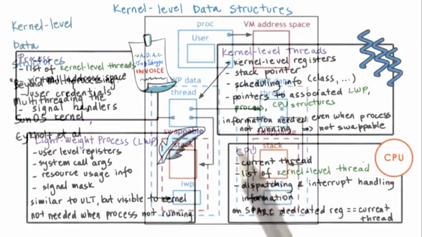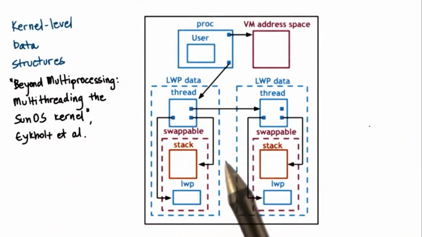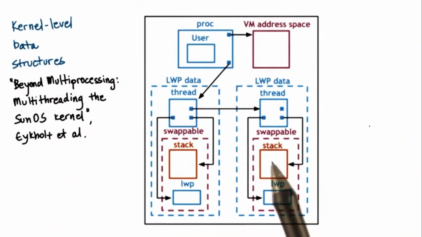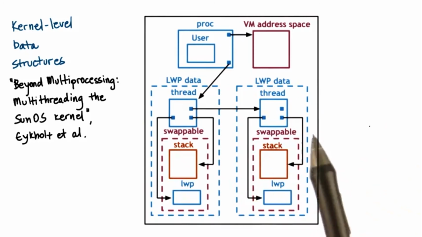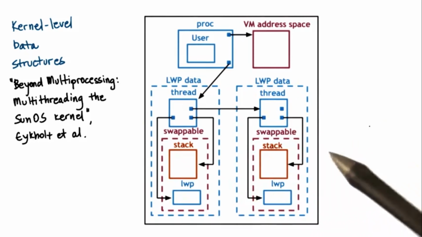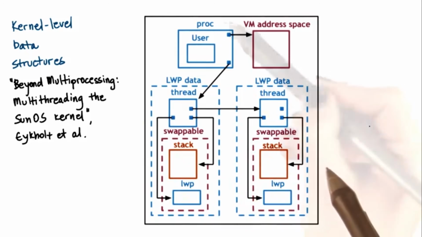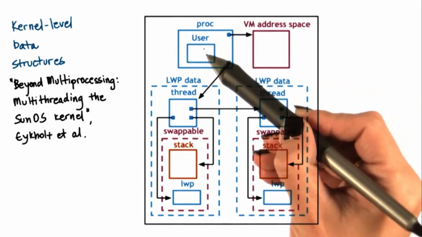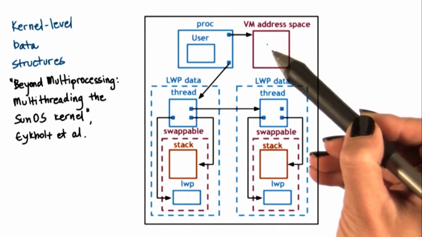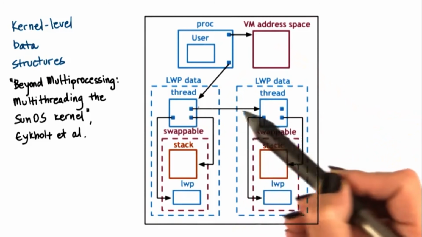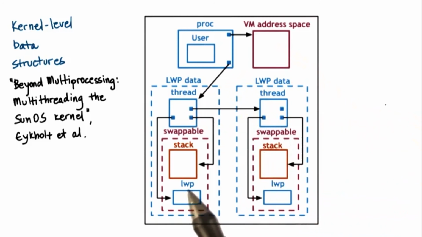information, etc. Here's how the ICALT paper on multithreading the SunOS kernel describes the relationships between all of these data structures. This is figure 2 in this paper. A process data structure has information about the user, points to the address space, and then points to a list of kernel-level thread structures.